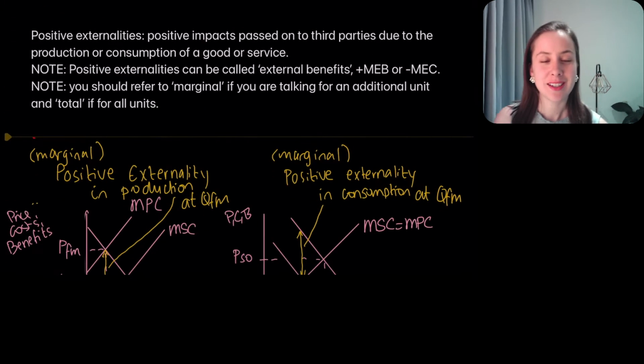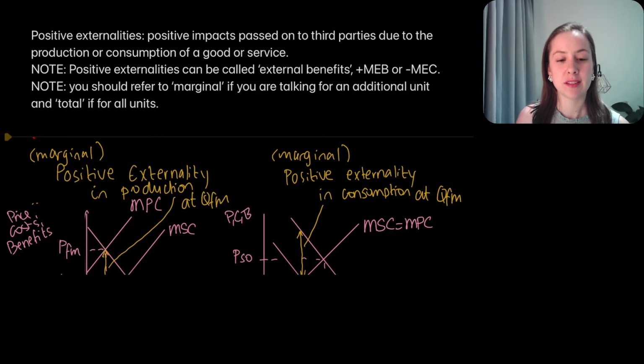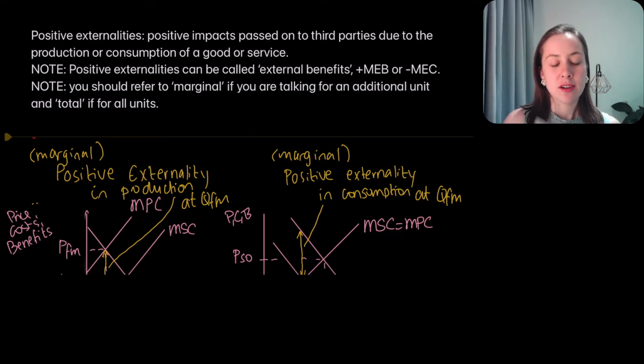Positive externalities are positive impacts on third parties due to the production or consumption of a good or service. There are some interesting uses of terminology. Generally, you can group positive externalities into external benefits. You might prefer to use plus MEB or minus MEC, that is fine too.